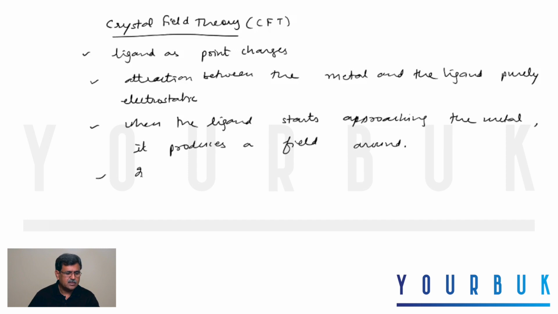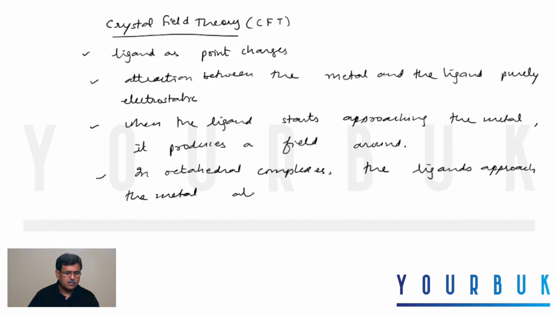In octahedral complexes, and most of the complexes of the d block elements are octahedral in shape, the ligands approach the metal atom along the coordinate axis, like plus x, minus x, plus y, minus y, and plus z and minus z. And the metal is at the center.